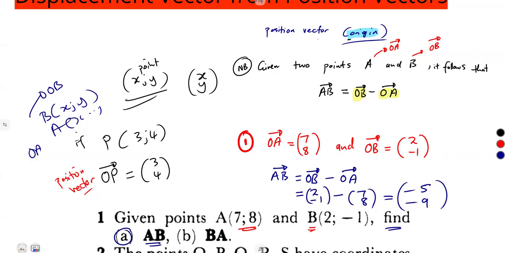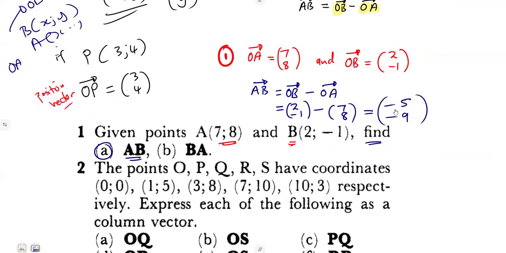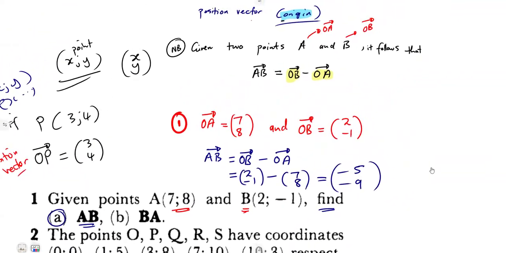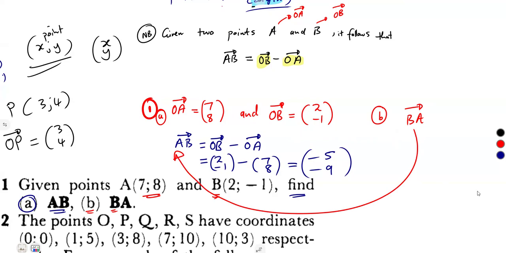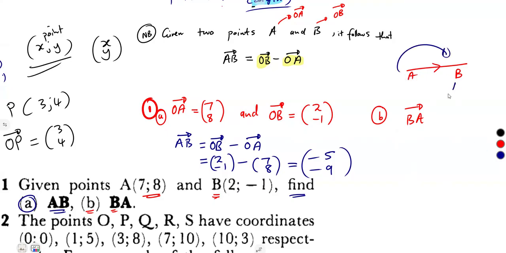So this is the concept. That is how you can simply determine these. And another one was to find the vector BA. So this is A, then B, it is vector BA. Remember, I told you guys, vector BA, when you have calculated AB like that, this is A to B. So BA is simply reversing that.